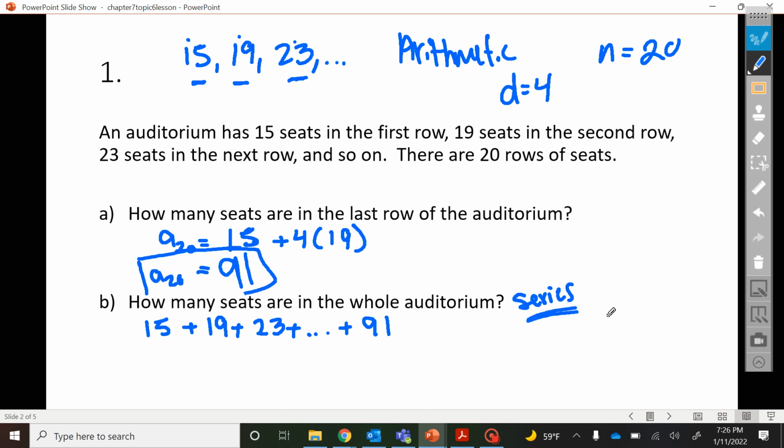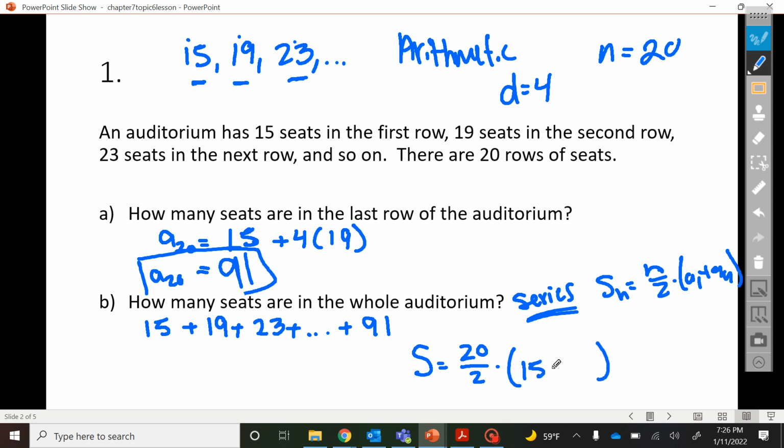So we need to use the arithmetic series formula, n over 2 times a1 plus an, to calculate the sum. The sum is equal to the number of terms, 20, divided by 2, multiplied by the sum of the first row, 15, plus the last row, 91.